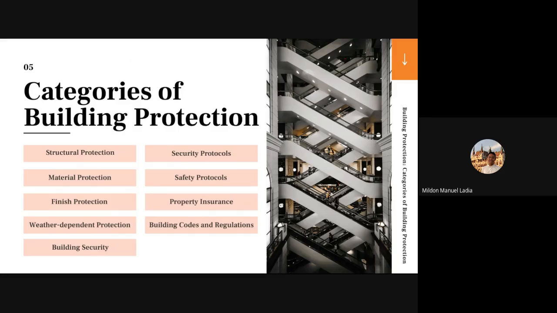Now, these may cover one or more of the three types that I have previously discussed because there are many hazards that pose threats to buildings and their occupants. So, in order to combat these varied threats, we also need to come up with varied methods of protection that more often than not protect more than one of the three categories.